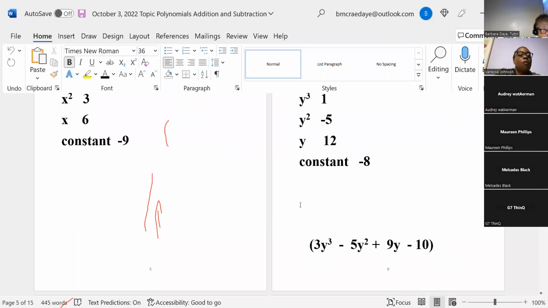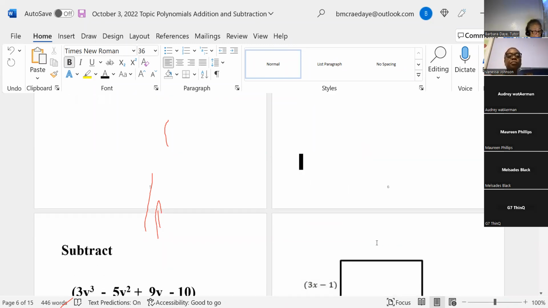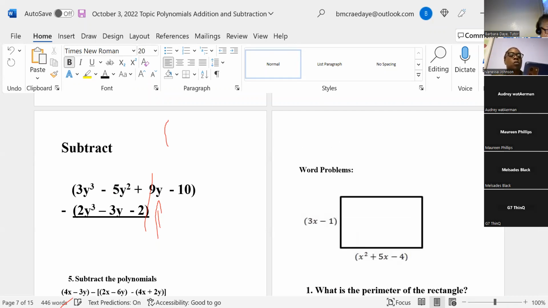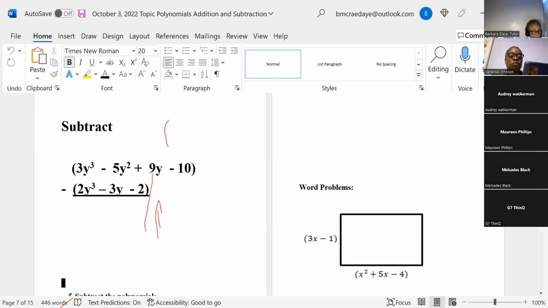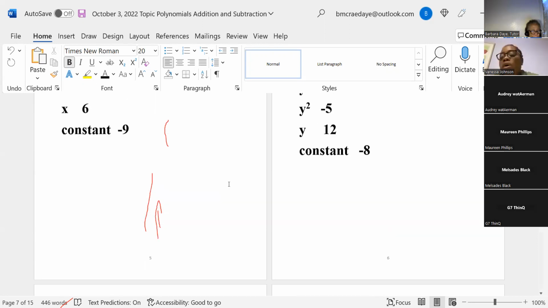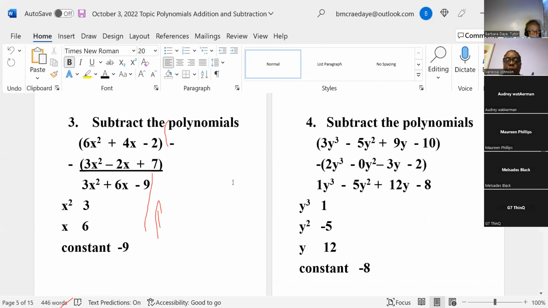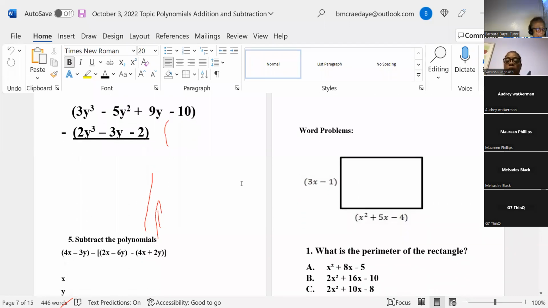I'll put it all on one screen so you can see it together. Audrey, you may have to scroll over. We have to do the other one, Miss Barbara. I'm going to make sure I'm not repeating myself. I think we did that one. Yeah, we just did that one. Okay, sorry. This is the one I want to do.